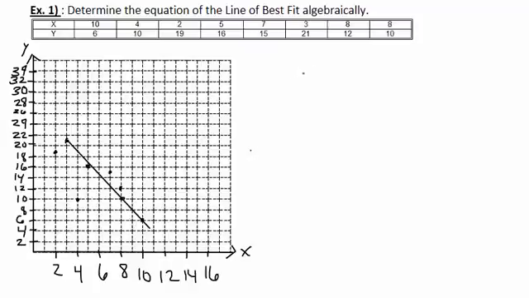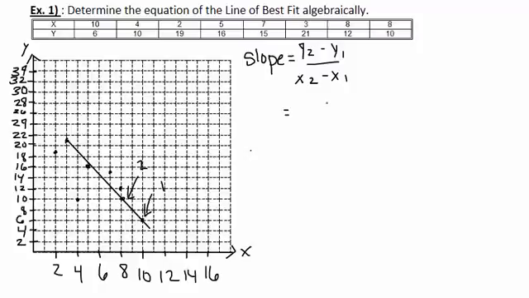So now to calculate the equation of the line of best fit, we need to calculate the slope. So I'm going to pick 2 points that the line goes through. So this point and this point. I'm going to calculate my slope. So my y2, so this is going to be my second point, and this is going to be my first point.